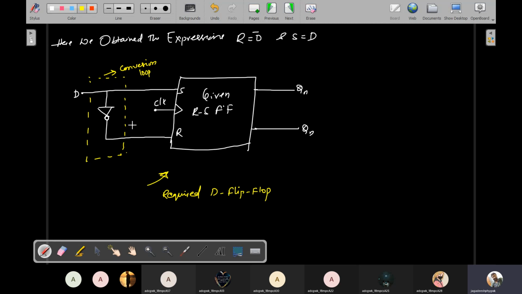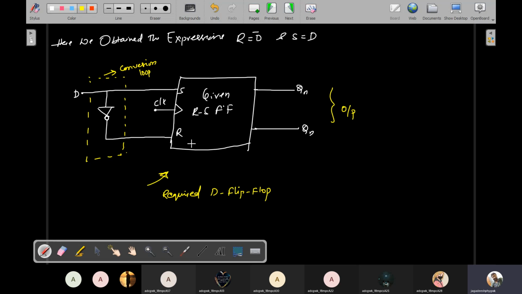By the conversion table we designed all these things, and from the design you get a D flip-flop. By using an RS flip-flop you convert it into a D flip-flop. So these are the required outputs, and this is nothing but the D flip-flop.